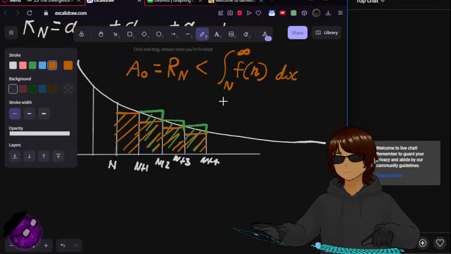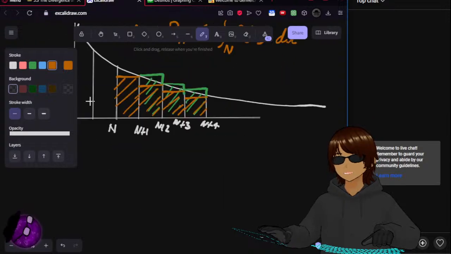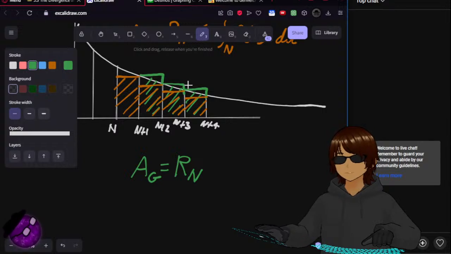And then the green area is also equal to R_n: f(n+1) times 1, f(n+2) times 1, f(n+3) times 1. All of them are times 1.